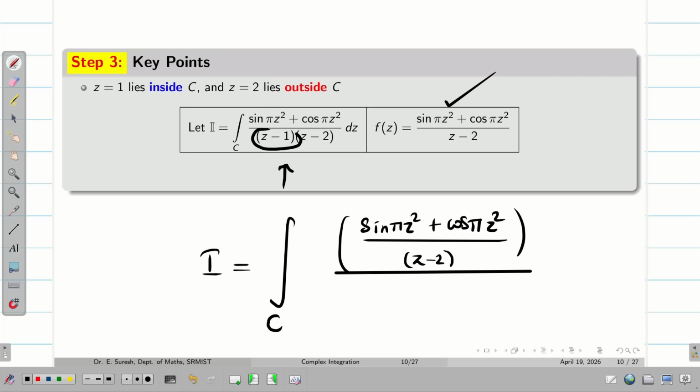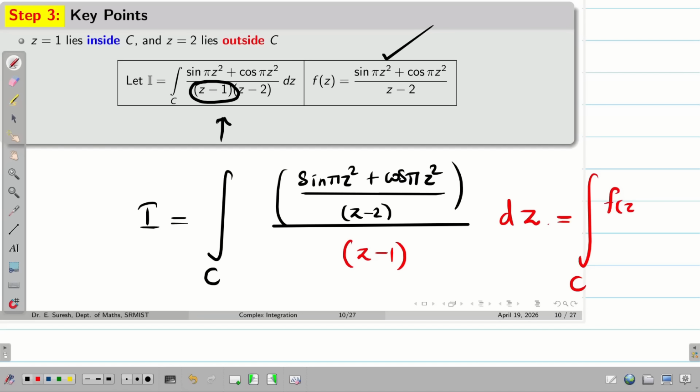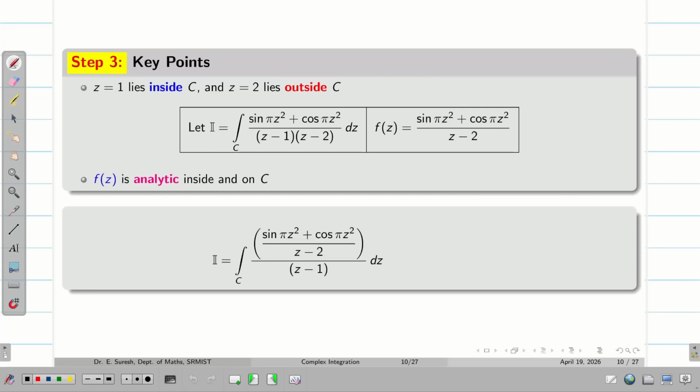Since z minus 1 lies inside C, I am going to keep this in the denominator. So now this looks like integral over C f of z divided by z minus 1 dz. Now it is easy to catch that we can apply Cauchy integral formula to get the solution. You can see the typed version.